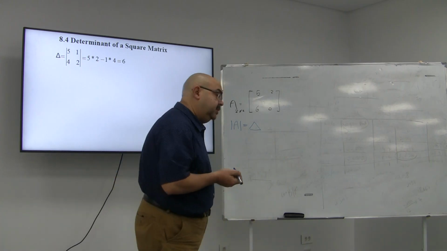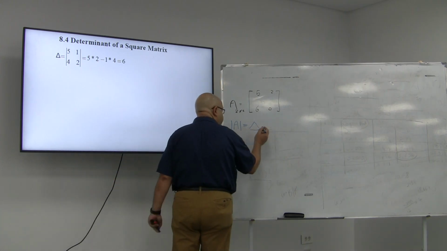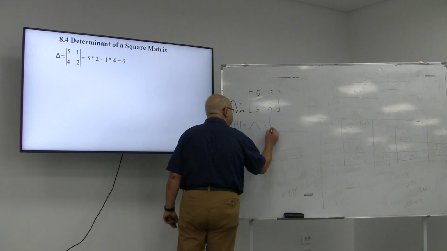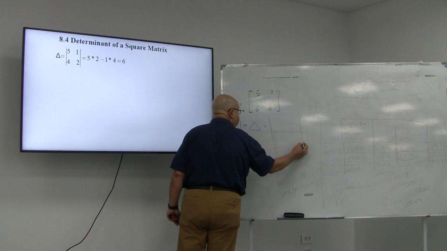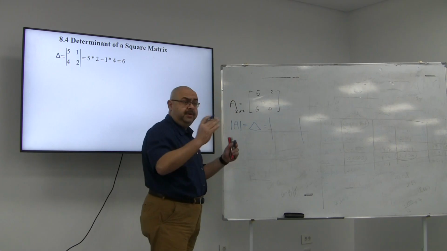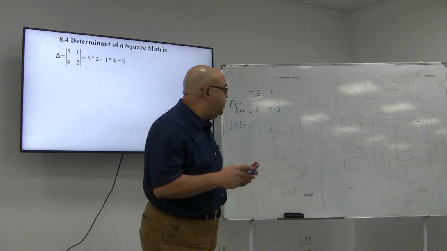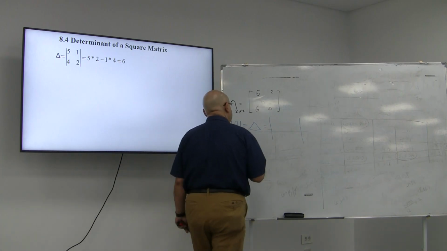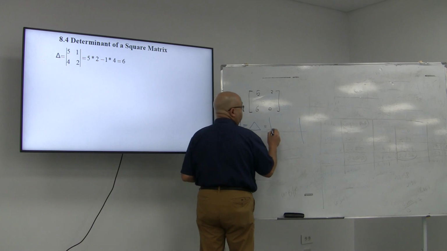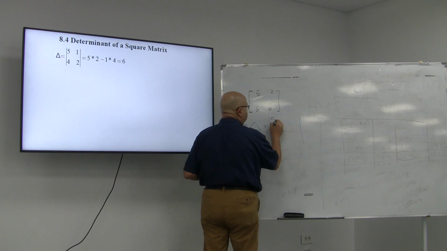So it's the determinant relative to a matrix, and you simply change the square brackets or parentheses of the matrix to these vertical lines. Then I will have 5, 2, 6, and 0.